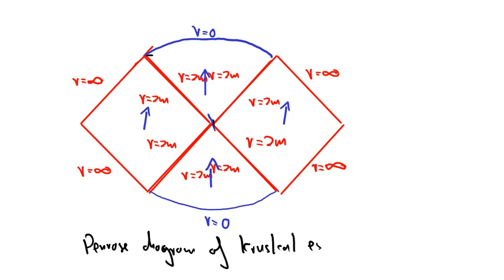This is the so-called maximal extension of Schwarzschild, and it was obtained explicitly by Kruskal by doing a coordinate transformation, by constructing explicit coordinates which cover a space-time which represents this complete region.